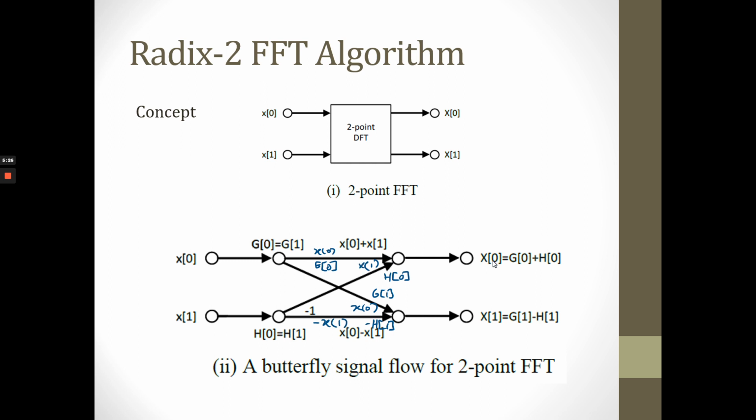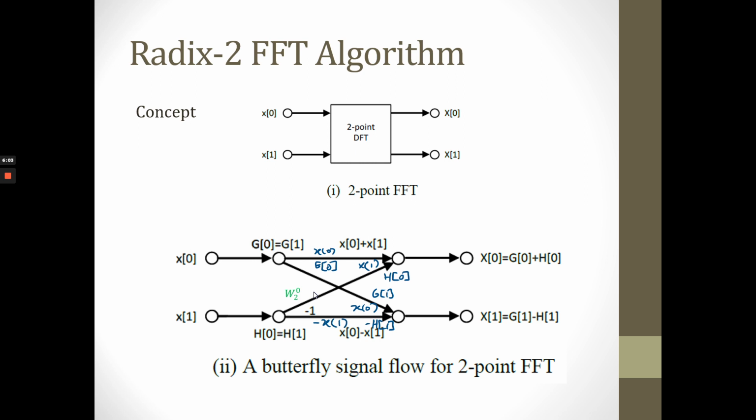So X0 equal to g0 plus h0. In this case, based on the equation, X0 is equal to g0 plus W0 multiplied with h0. From the previous calculation, W0 is equal to positive 1, so we just leave the line between this node without labeling it as positive 1.